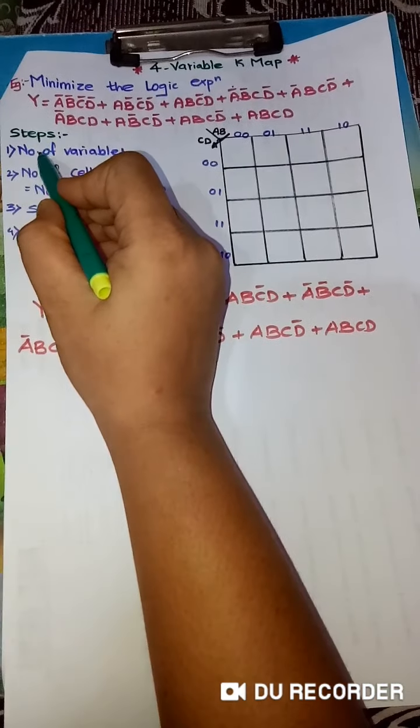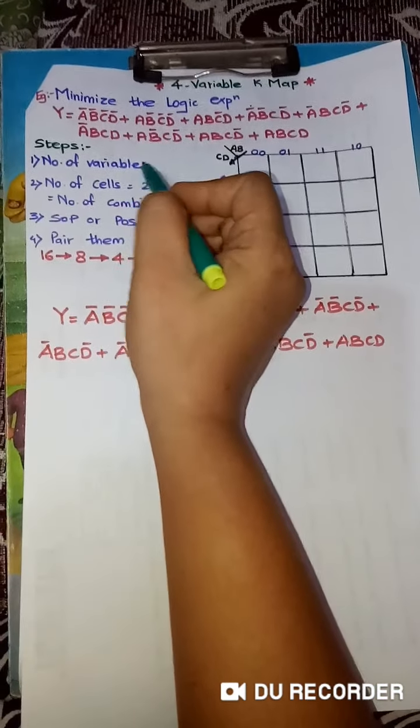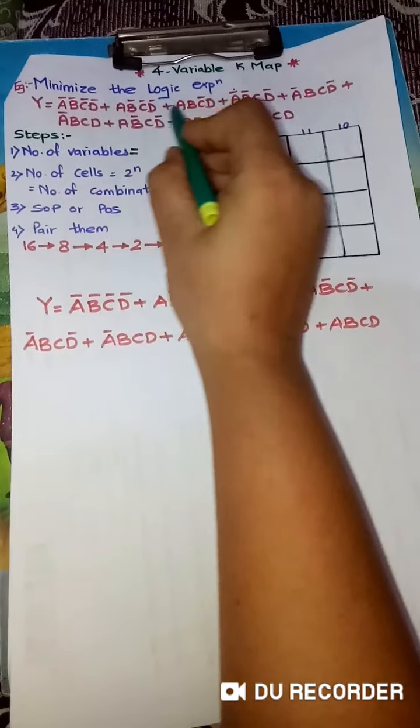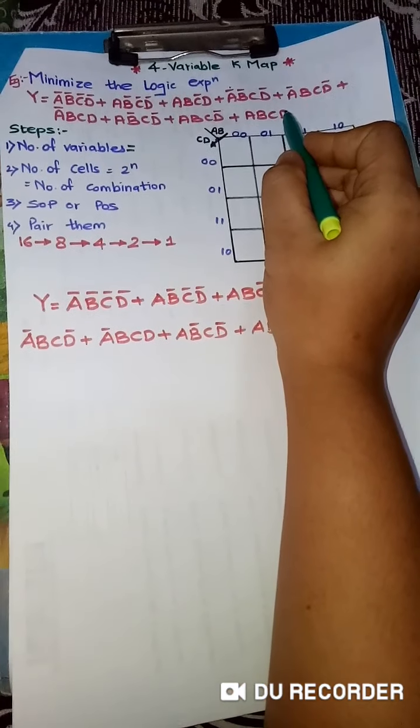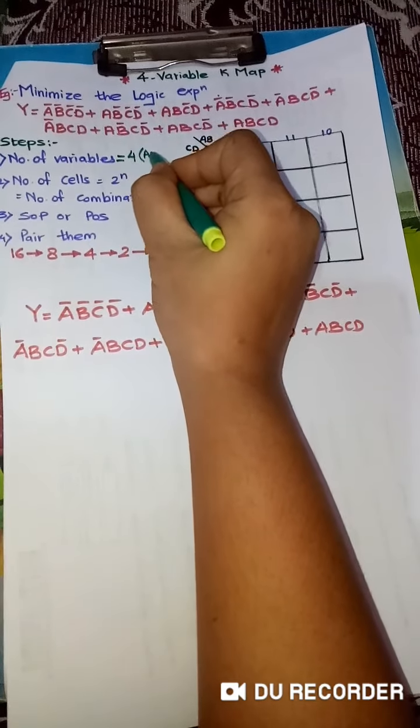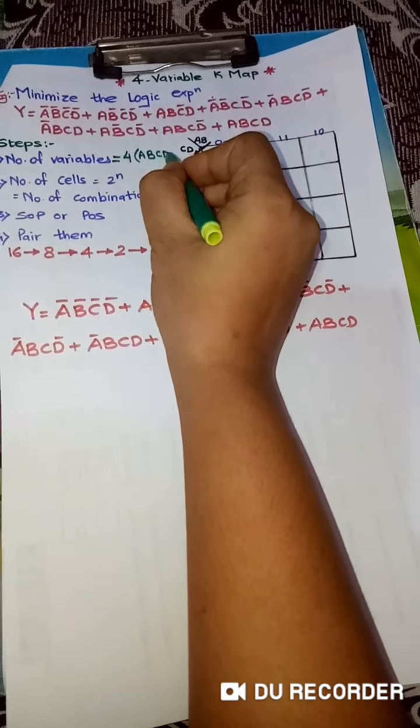First, the steps remain the same. We count the number of variables from the equation: we have a, b, c, d in each and every term. That means the number of variables is 4, and the variables are a, b, c and d.